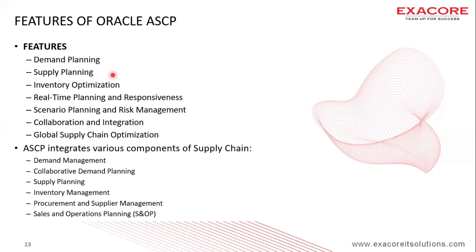Inventory optimization. With Oracle ACP, organizations can maintain optimal inventory levels across their supply chain. Inventory optimization is very important for an organization's success, because if the inventory stock is maintained correctly without any overstocking or understocking, this particular tool minimizes the inventory stockouts as well as balances the supply and demand.